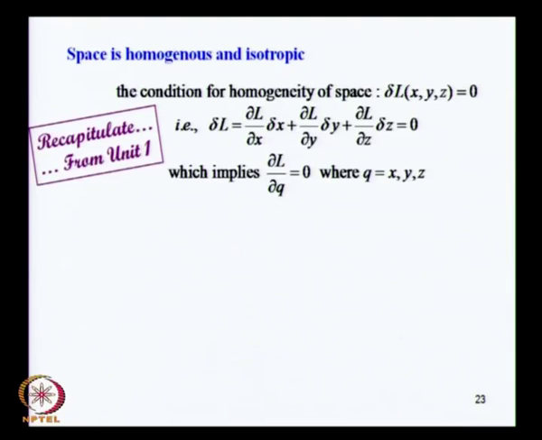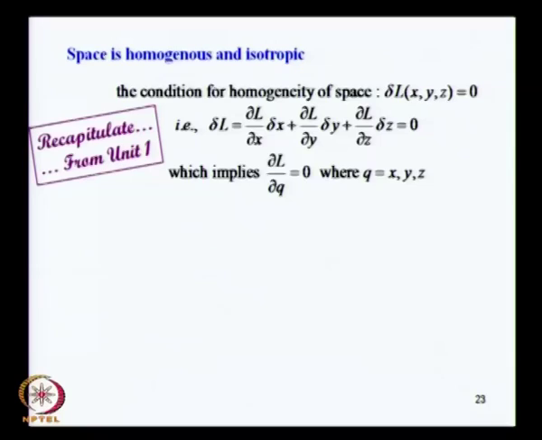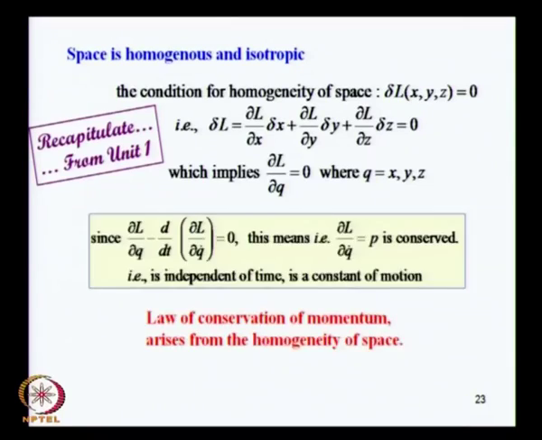So, I will not spend any time discussing this in further detail, but I will just remind you, we have seen these slides and these equations in unit 1. I will just remind you that because the space is homogeneous, from Lagrange's equation you find that the conservation of momentum comes from the homogeneity of space.